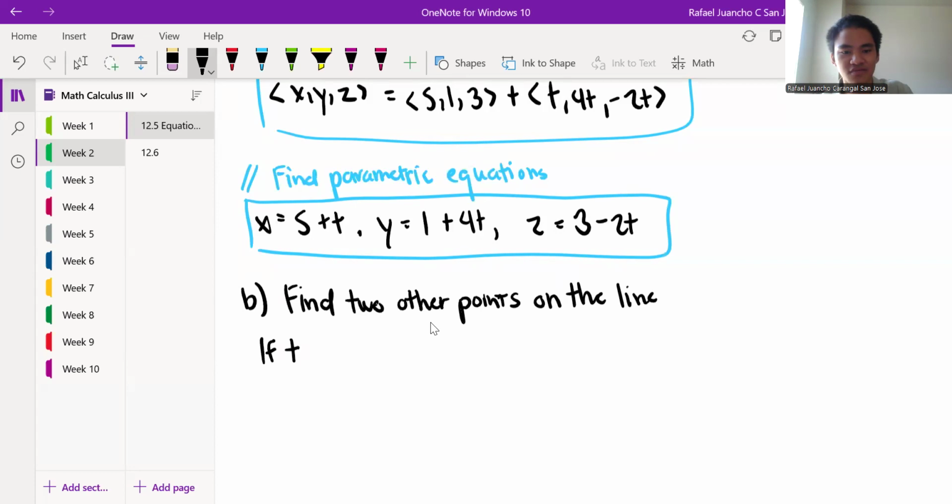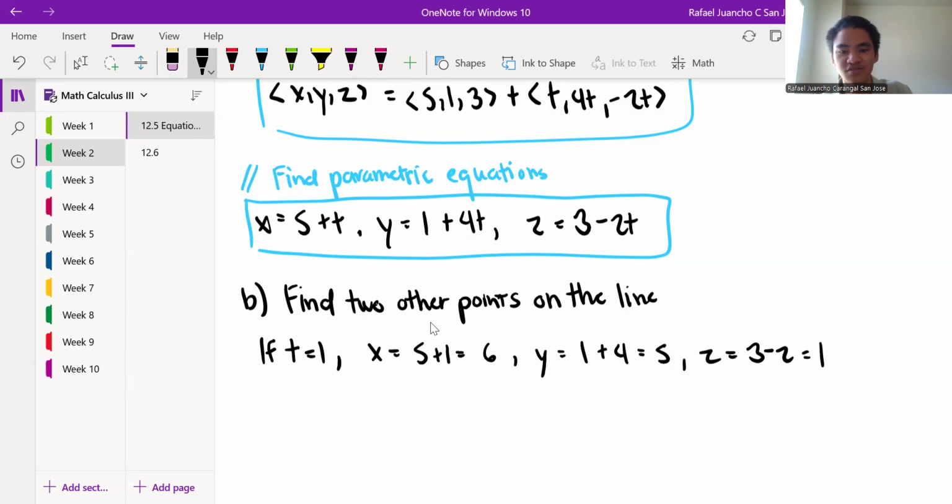We're going to say if t is equal to 1, then our x is 5 plus 1, which is 6. y is 1 plus 4, which is 5. z is 3 minus 2, which is 1. And so this gives us a point: 6, 5, 1. So that's a point on the line.